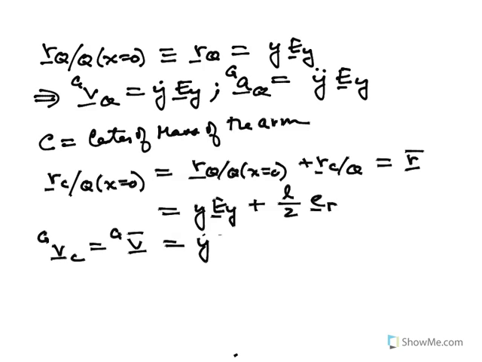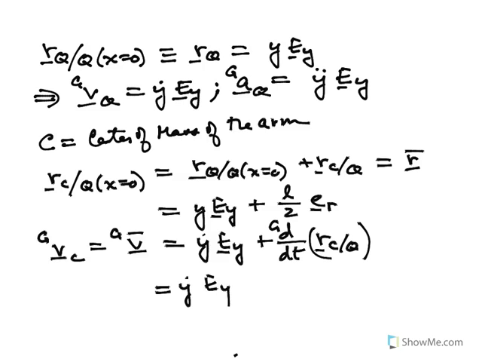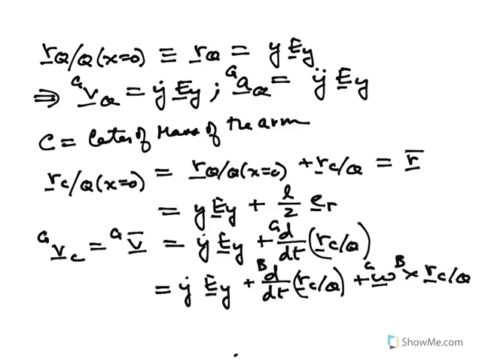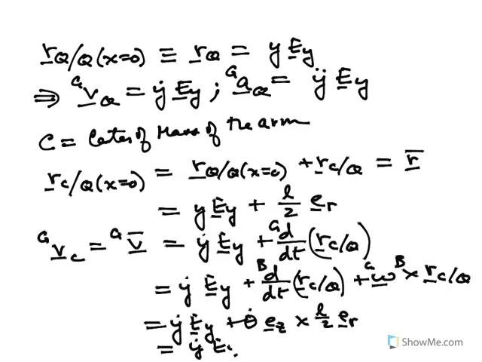This is equal to y dot Ey, plus the rate of change in the ground of the position of C relative to Q. That is equal to y dot Ey plus the rate of change in the body of the position of C relative to Q plus the angular velocity of the body in the ground crossed with RC relative to Q, which gives y dot Ey plus theta dot Ez crossed with L over 2 ER, which gives y dot Ey plus L theta dot over 2 E theta. So that's the velocity of the center of mass.